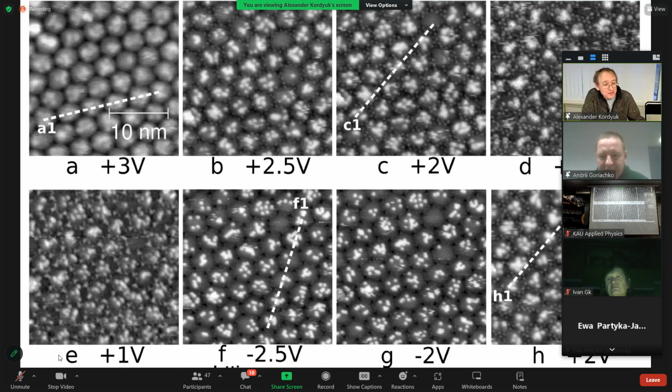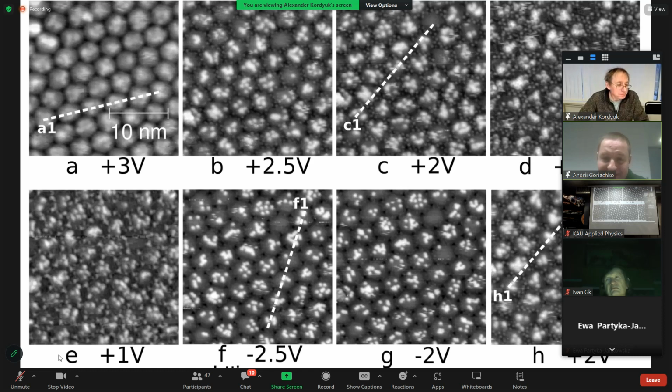What are they? Well, it's a very nice question. Let me be honest. The honest answer is, we don't know yet. To do this, one would need to do extensive theoretical modeling of the STM image formation for the geometrically known crystalline structure of the interface.